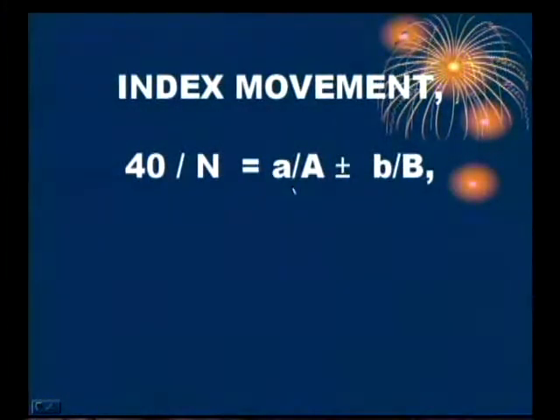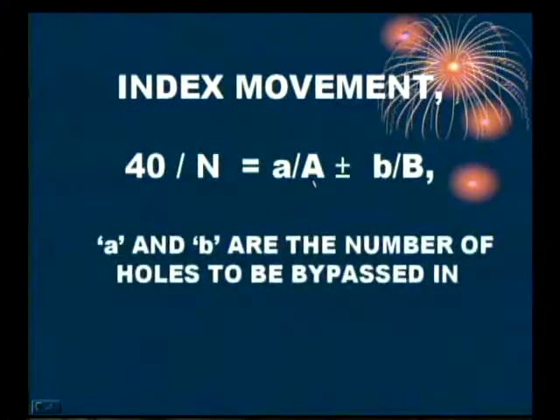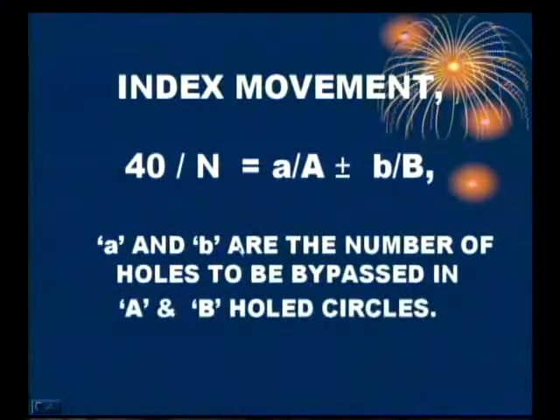But in compound indexing we have to use two different hole circles, capital A and capital B. These two refer to two different hole circles in the same index plate, so A and B are the number of holes to be bypassed in the A and B hole circles.